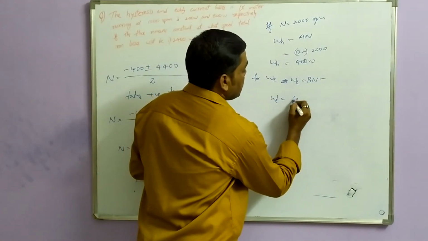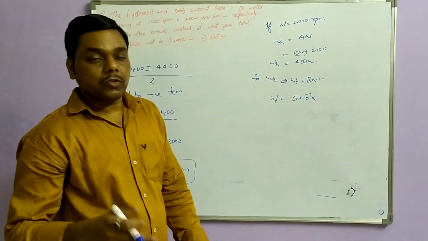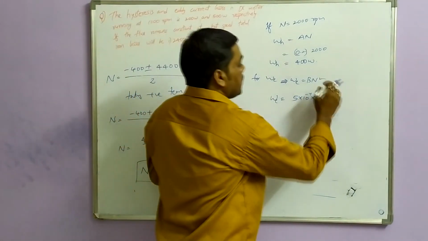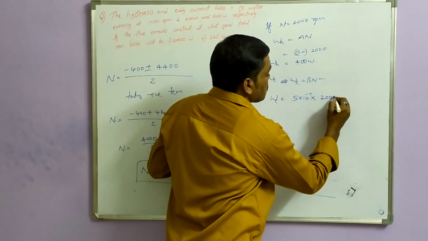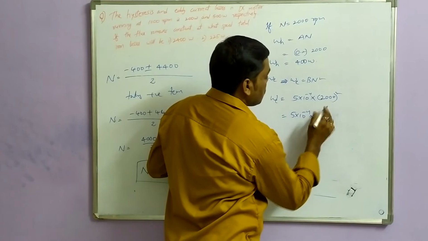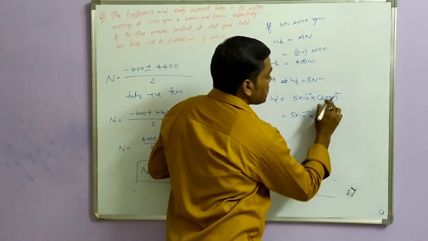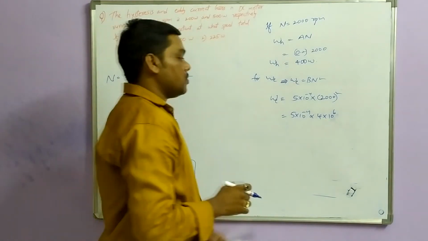We is equal to B, which is nothing but 5 into 10 power minus 4 or 0.0005, and n is nothing but 2000 squared. Now 5 into 10 power minus 4, so 2000 is 2 into 10 power 3, and this is 10 power 6, it is nothing but 10 power 3 whole square.